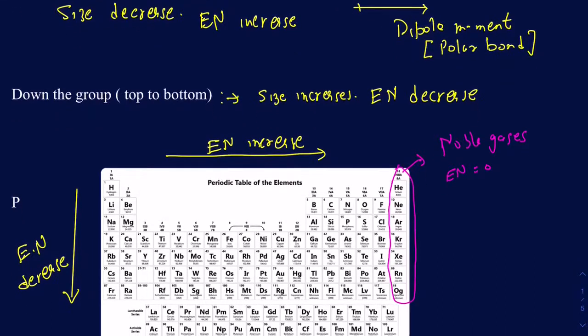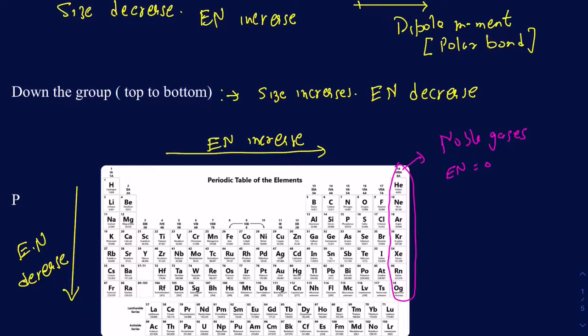Okay, so if you have two atoms, let's say A and B, and the EN difference between the two atoms is less than 0.5, then you take those as a nonpolar bond.